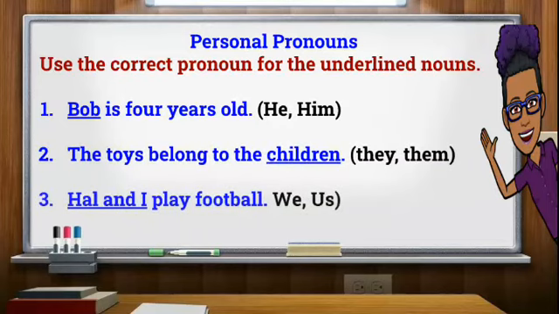Hal and I play football. So Bob could be replaced with the personal pronoun he. Children, personal pronoun them. And Hal and I replaced with the personal pronoun we. So the sentences: he is 4 years old. The toys belong to them, and we play football.